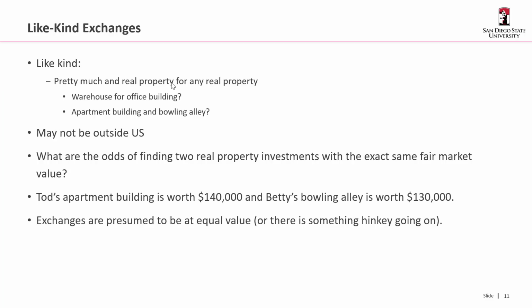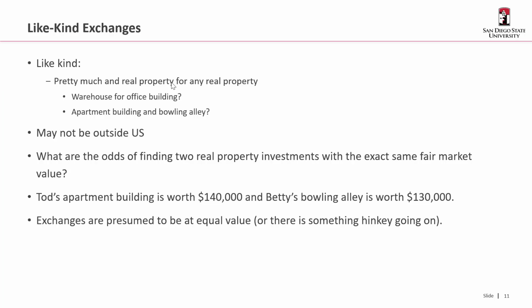So Todd's apartment building is worth $140,000. Betty's bowling alley is worth $130,000. If they were to exchange these, then obviously Betty would end up getting something worth $140,000. Todd would only get something worth $130,000.